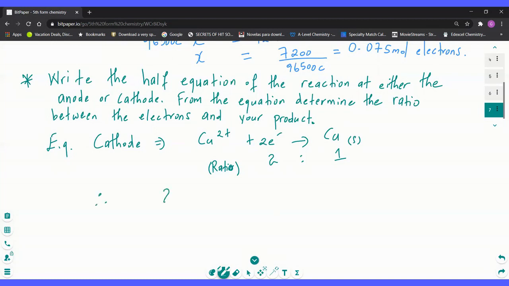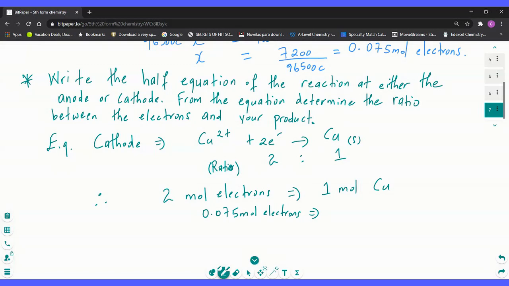Now, let's just look at how we can tie this all together. It takes us 2 moles of electrons, according to this equation, to form 1 mole of copper. However, we were only able to discharge 0.075 moles of electrons. So we can work out how much copper we expect to get from that. I'm going to do it like this and then show you a shorter version after.